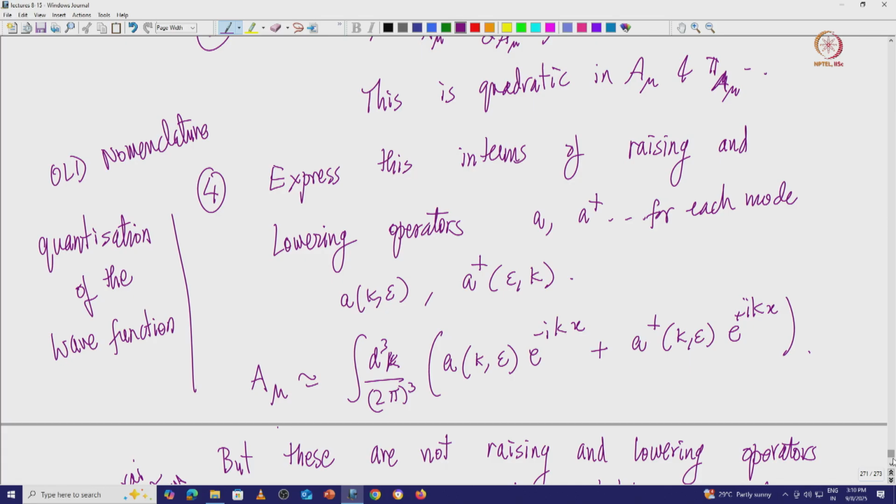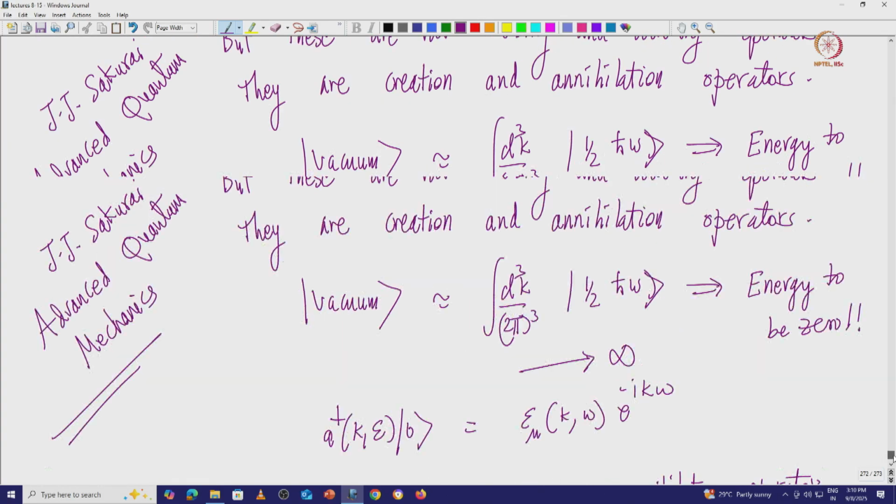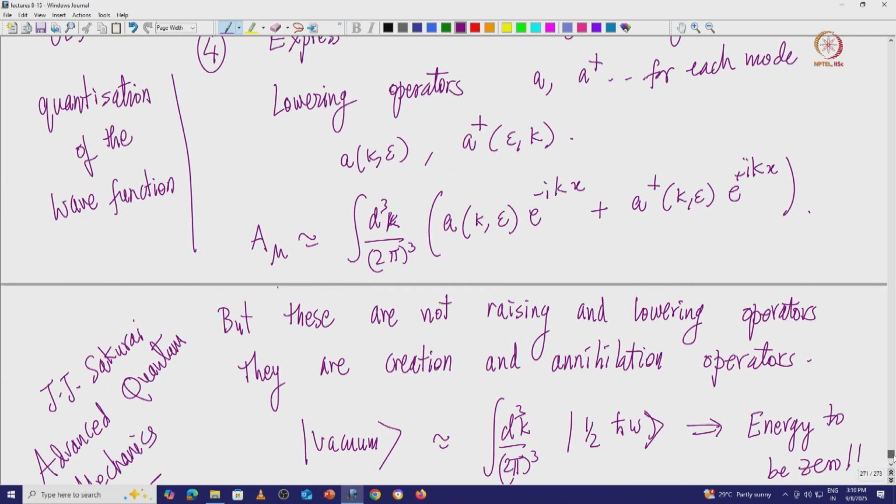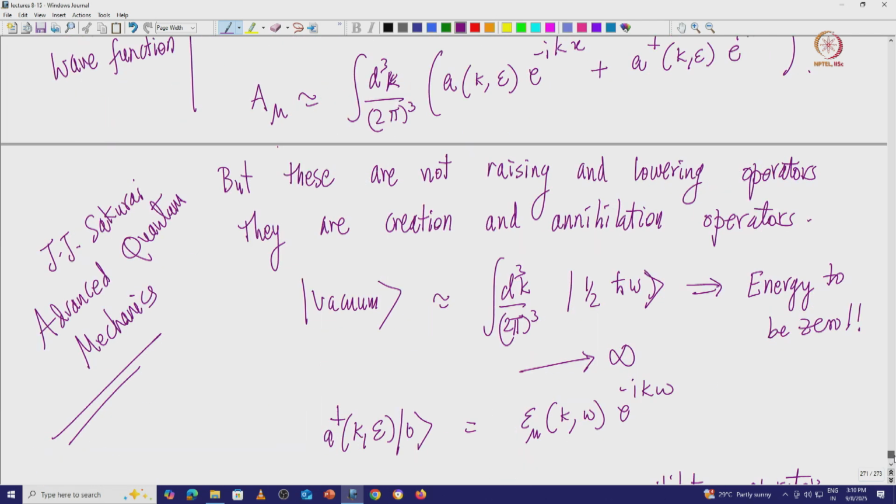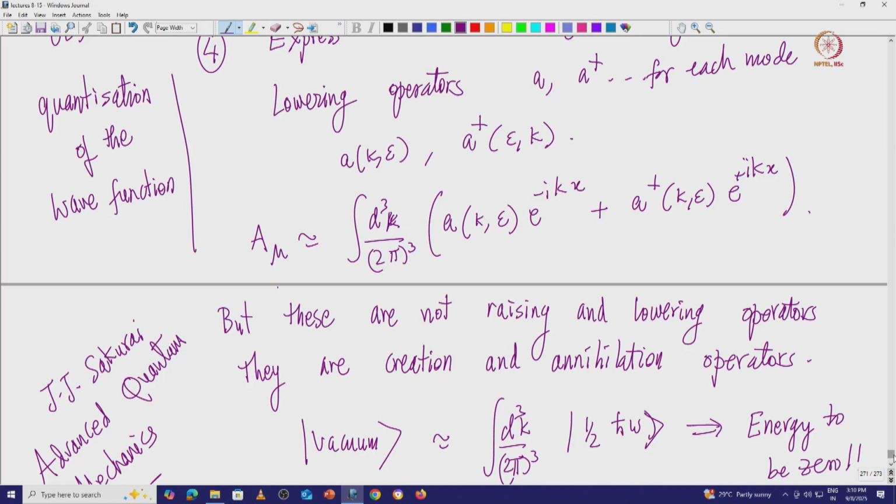Now when you write the spectrum of the harmonic oscillators, you have an infinite set of harmonic oscillators, and then you have a number of operators, and you can derive the Hamiltonian.